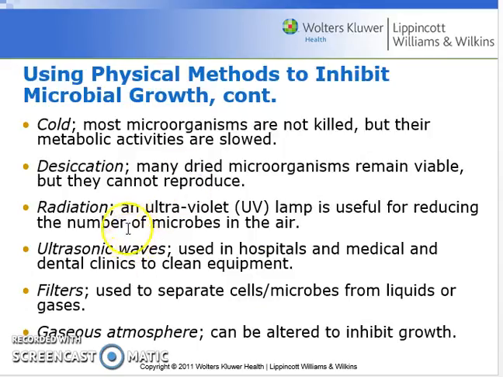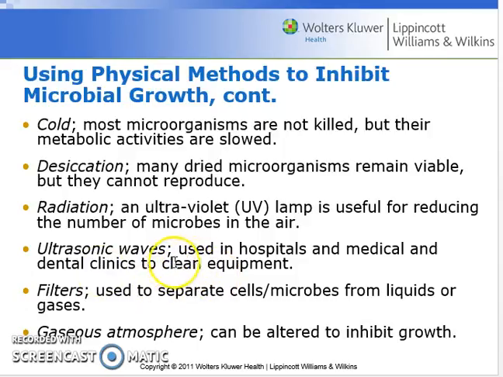We can also control microbial growth using radiation. UV light is a great denaturer of proteins. So we can use a UV lamp to reduce the number of microbes that are present in a certain area. If you wanted to sterilize the air, you can use a UV lamp to reduce the number of microbes that are present. We can also use some less conventional techniques to control microbes, such as the use of sonic waves.